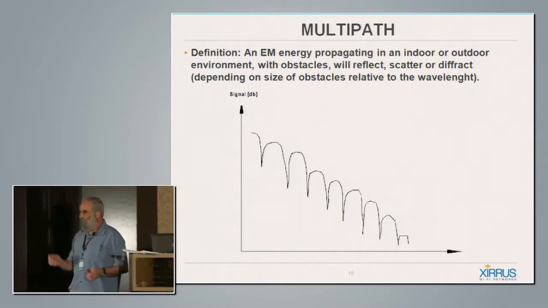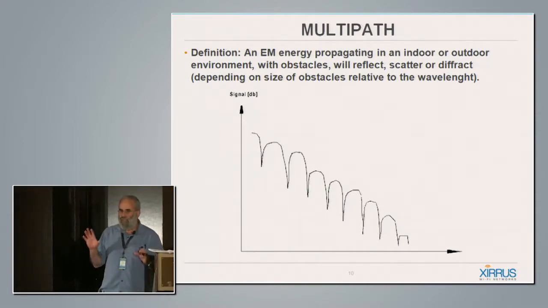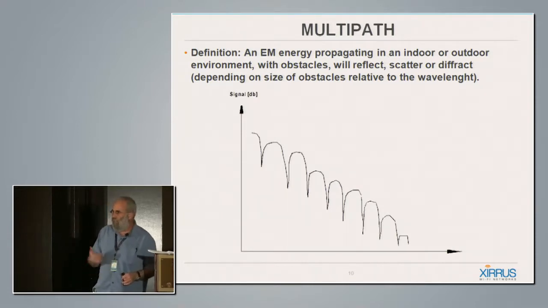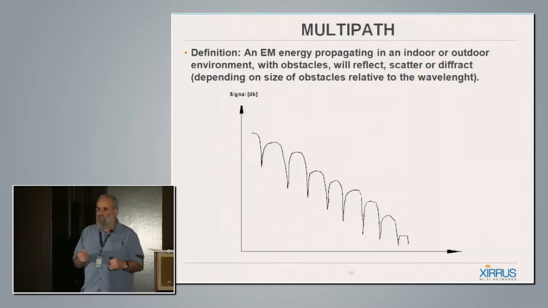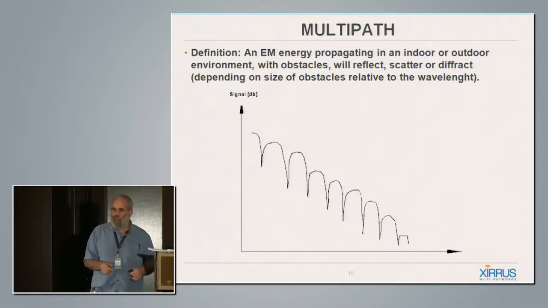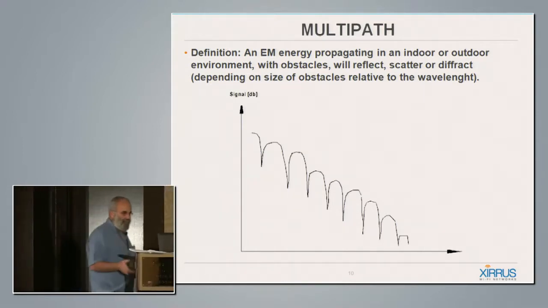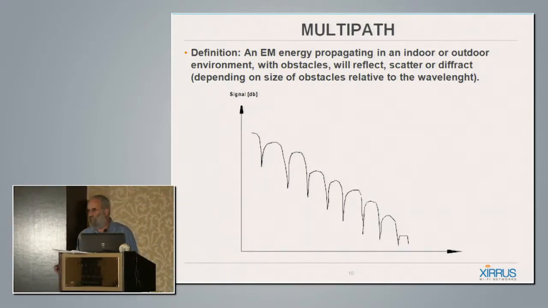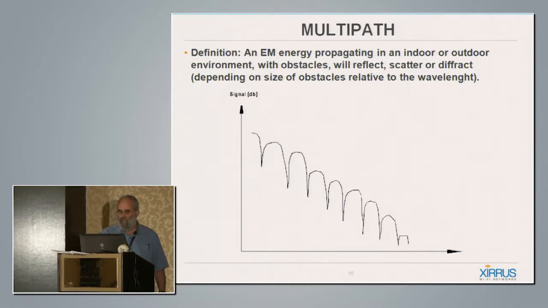Even if we are outside and we are shooting through a tree, the leaves of the tree at 5 gigahertz might add some scattering and diffraction phenomena, which adds to the overall signal drop or signal behavior as a function of distance away from the access point.